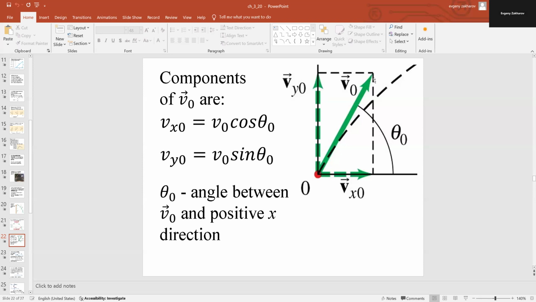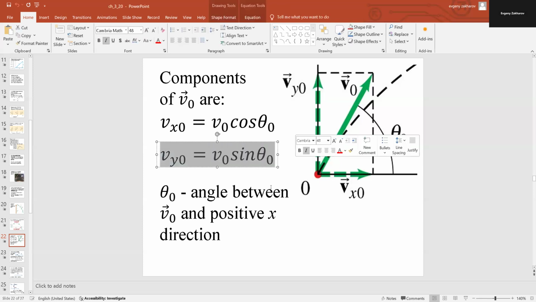Your y component is the same as the opposite side in this right triangle. Opposite means sine function. So if you have the angle or you want to solve for the angle for the initial velocity, you're definitely going to use this trigonometry trick for solving the components for the initial velocity.